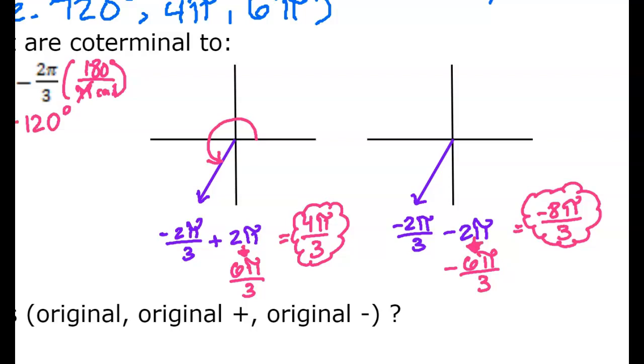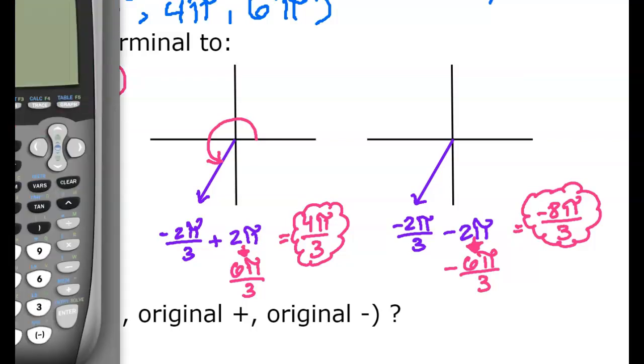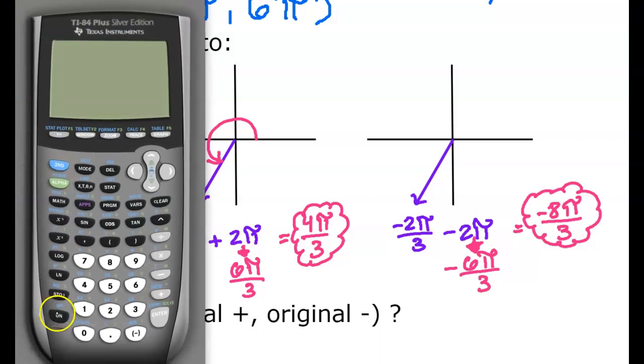Now, this number, is this bigger than 2 pi? If you can't think in fractions very well, it's fine if you even do 8 divided by 3. Is that bigger than 2?